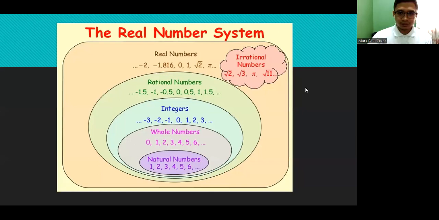Yes, that is an example of an irrational number, which is non-terminating, it is not ending. That's why the value of square root of 2 is 1.414213562. That is how we define a non-terminating number.